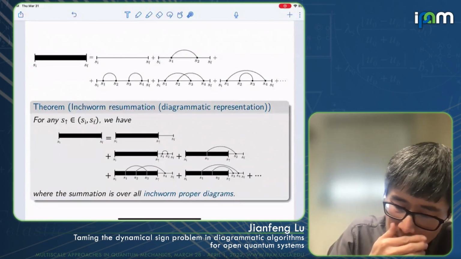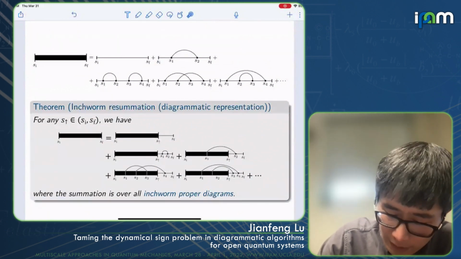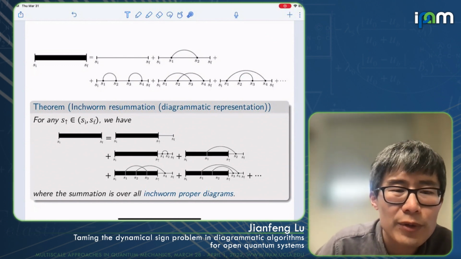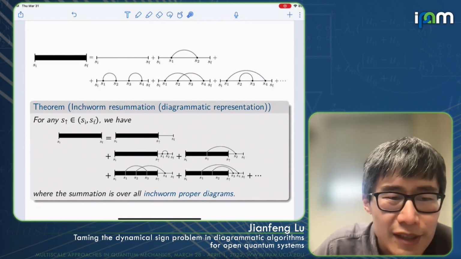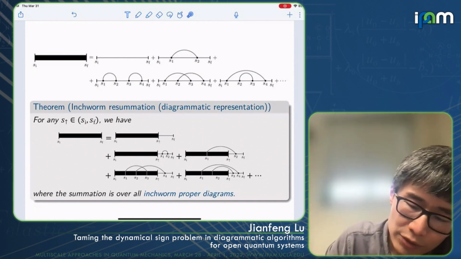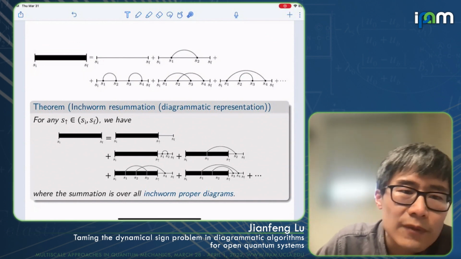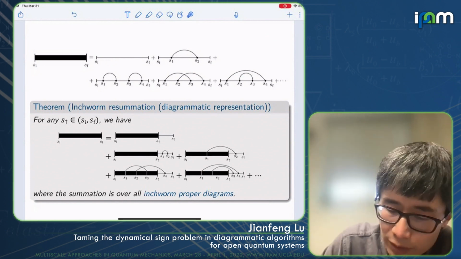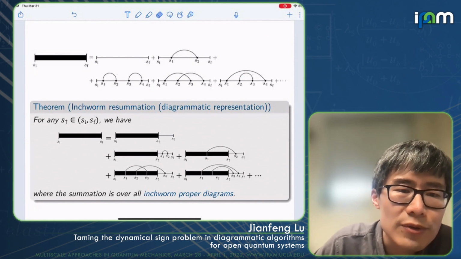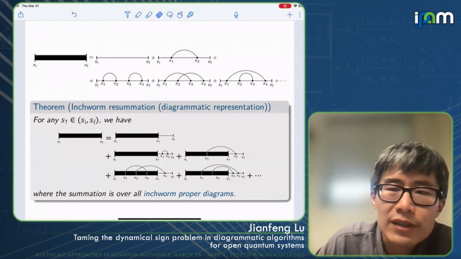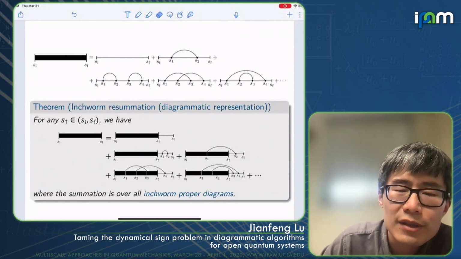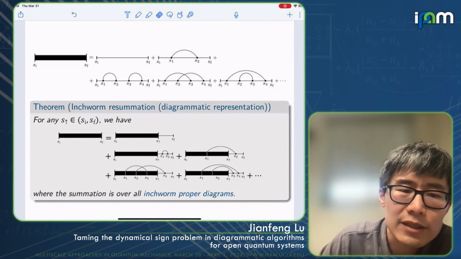Now the idea of the inchworm, which I summarize in this theorem in the diagrammatic representation, and by the way we can prove all these things rigorously, but I'm not going to work too much on the proof, I'm just trying to show you the idea: on the right-hand side, instead of expanding using the bare propagators with these path influence functions, you can reuse and expand the series using the bold-line diagrams. This is where the inchworm resummation comes in, the idea realized by these physicists.